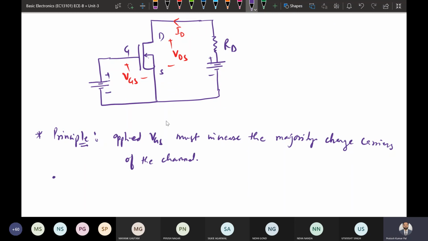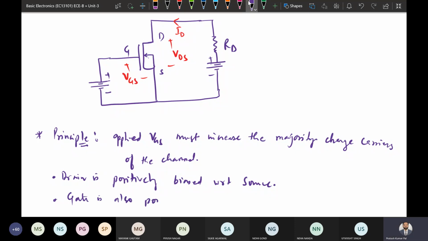The biasing is like drain to source is positive, or for the drain terminal we can just write, drain is positively biased with respect to source, and here the gate is also positively biased with respect to source.